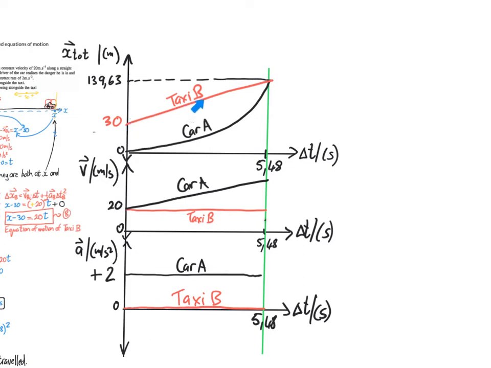Remember, the gradient of a position time graph gives us the velocity. The gradient of a straight line is constant, so therefore we have a constant velocity graph. We have a horizontal velocity graph. But at the end of the 5,48 seconds, it too is at 139,63 meters with respect to the frame of reference where the car was x equals 0.